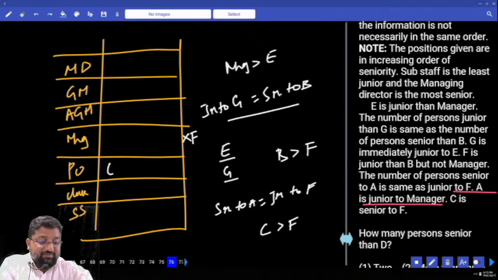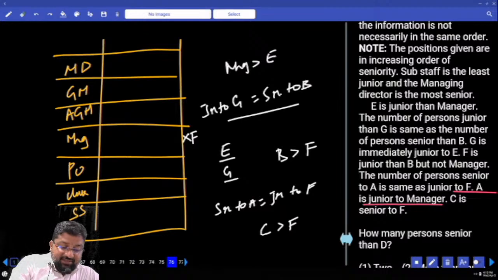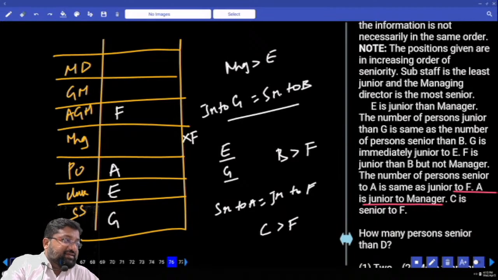What is that one possibility? This is E, this is G. A is junior to the manager. Third position from bottom is A, third position from top is F.